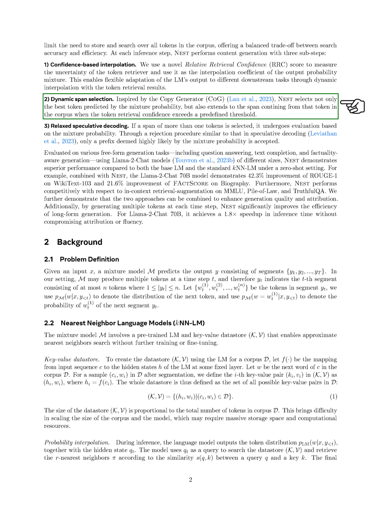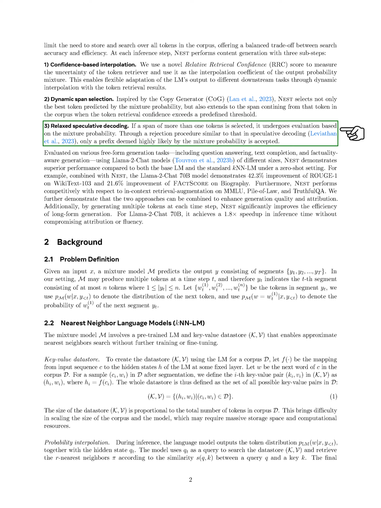2. Dynamic span selection. Inspired by the copy generator, COG, NEST selects not only the best token but also extends to a span in the corpus when retrieval confidence is high. 3. Relaxed speculative decoding. NEST evaluates selected spans based on probability mixture, accepting only highly likely prefixes.